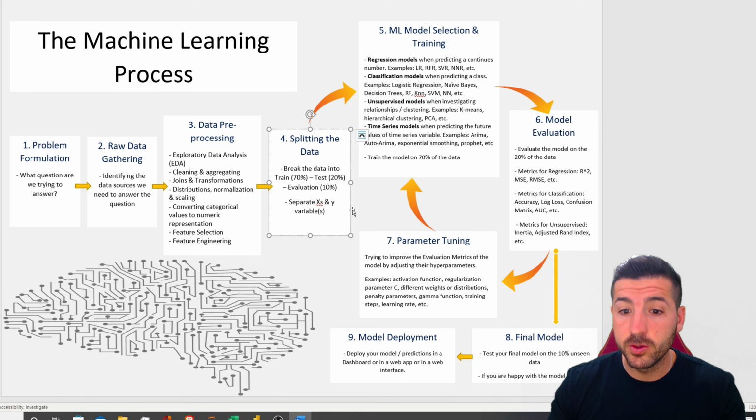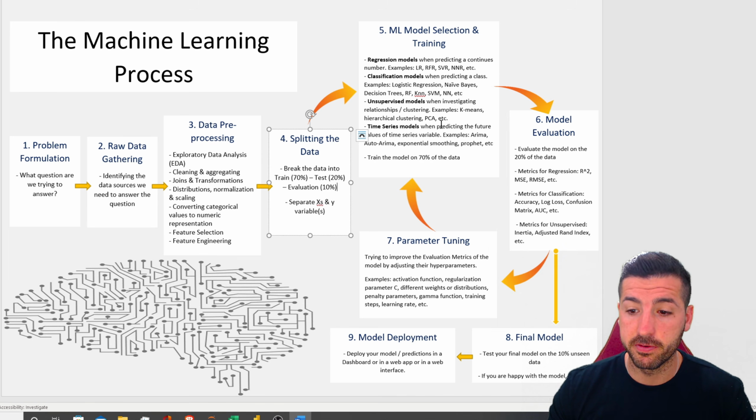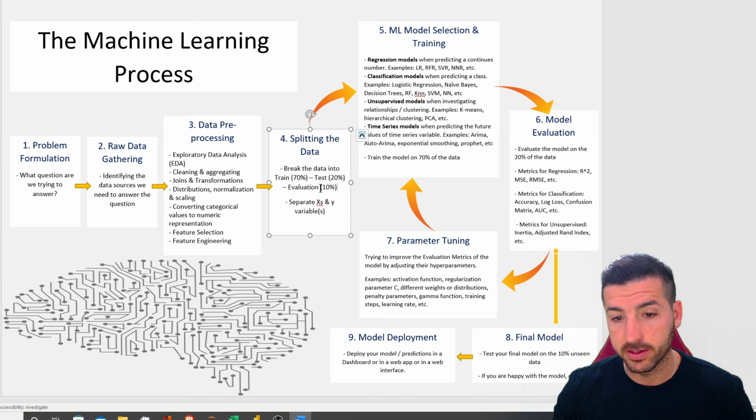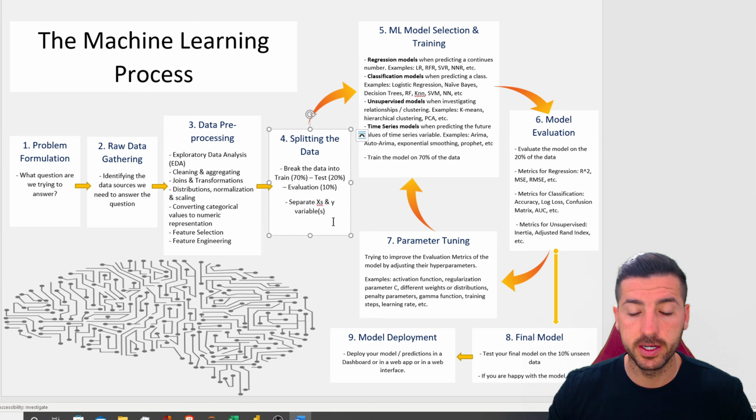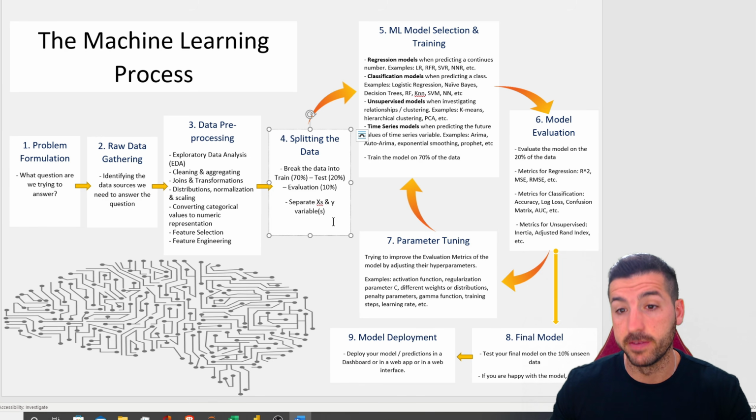We're going to test the model on this 20% unseen data. And at the end, when we finally select our final model, we are going to use this 10% to evaluate our model at the very end. Here, we are also going to separate our X's and our Y, dependent versus independent variables.